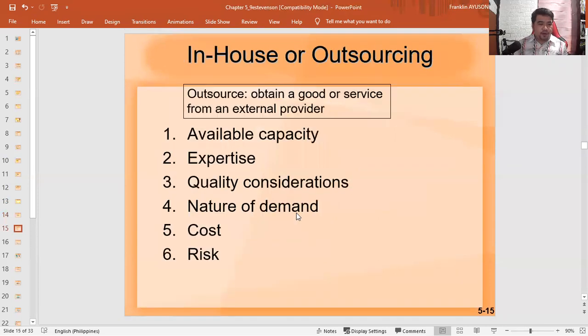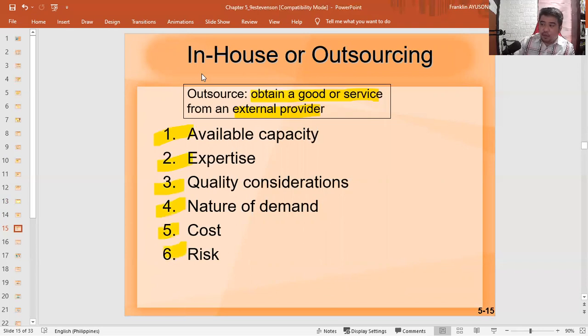Moving forward, in-house or outsourcing. When you talk about outsourcing, basically, we talk about obtaining goods or services from an external provider. So this time, we want to consider some available capacity that we can outsource, expertise, quality consideration, nature of demand, the cost, and the risk.